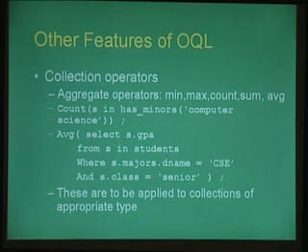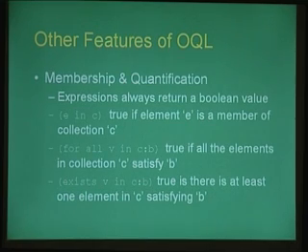It has to be of a particular type, so average, min, max, sum and so on are best defined over set T, where T would point to a numerical attribute, a numerical object like a number and so on. Similarly, you can define membership and quantification operators in OQL, and for example, you can define something like E in C, where C is a collection object and E is an element, and this we saw in the previous slide.